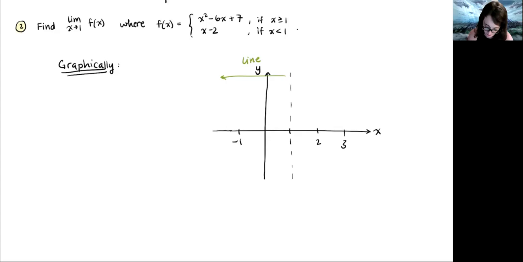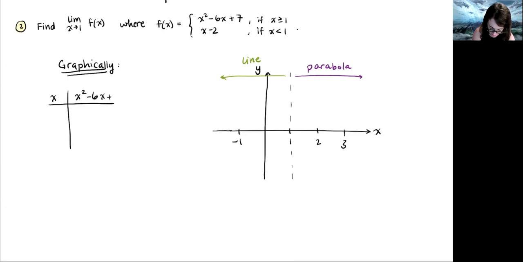And then the parabola or the quadratic is going to be on this side, that's x greater than or equal to 1. We'll have to pay attention to the equality when we actually figure out what the points are. So I would set this up with a chart and just plug in some numbers and plot them. Let's do the parabola first. Let's do x squared minus 6x plus 7.